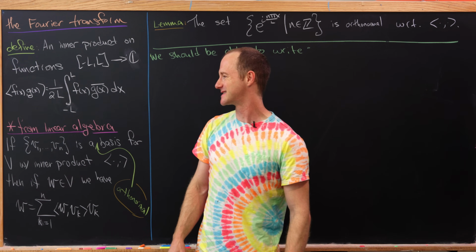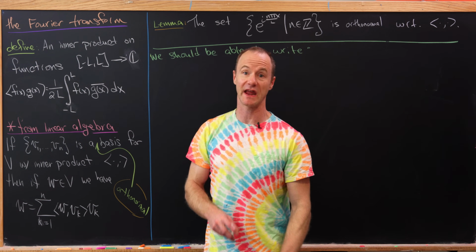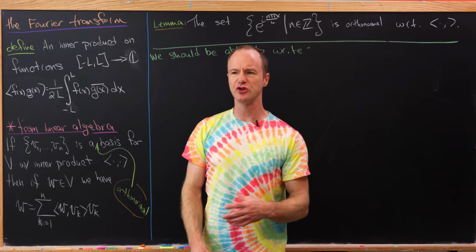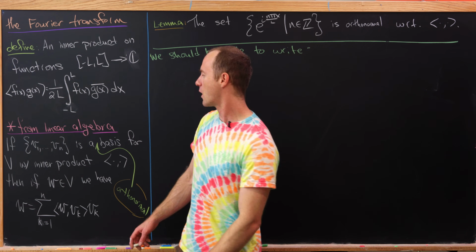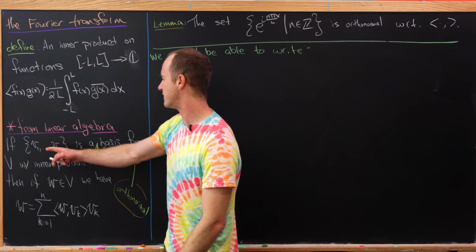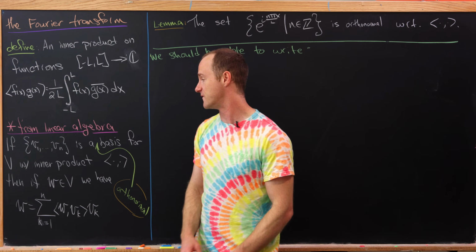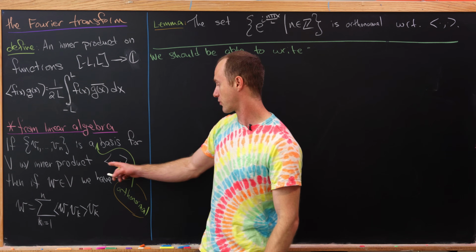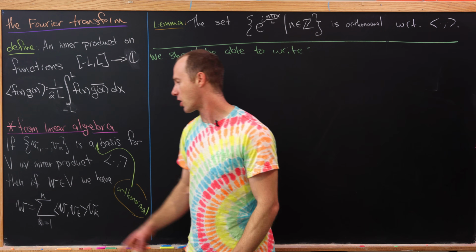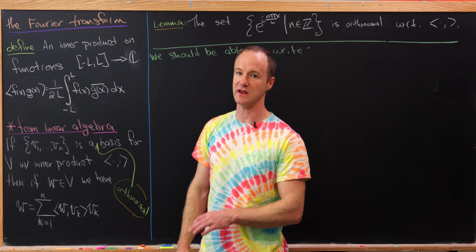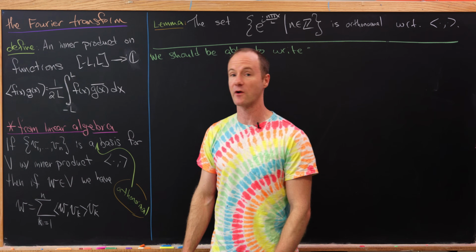Now we're ready to take our next step, and we're going to use linear algebra. This is one of the cases where linear algebra is super helpful for a description of what's going on. Let's recall that if we've got v1 through vn, an orthonormal basis for V based off of the inner product given by this symbol right here, then we can take any arbitrary vector w inside of V and express it as a linear combination of the elements from the basis.